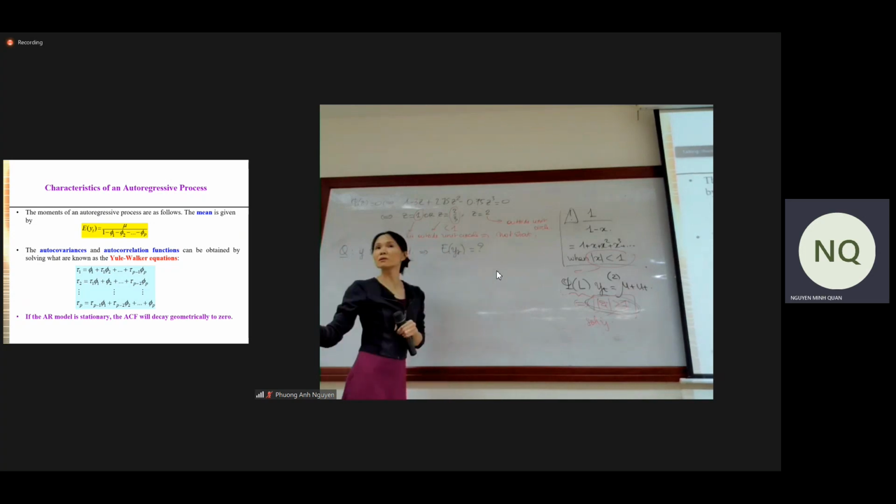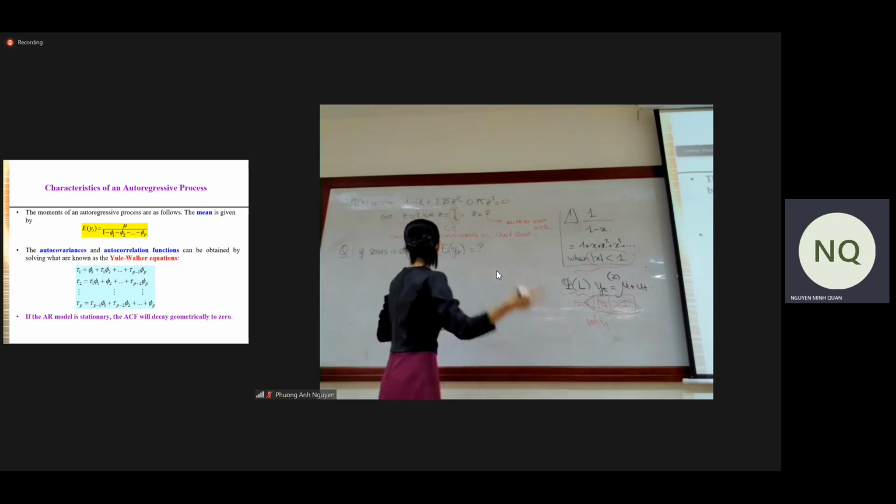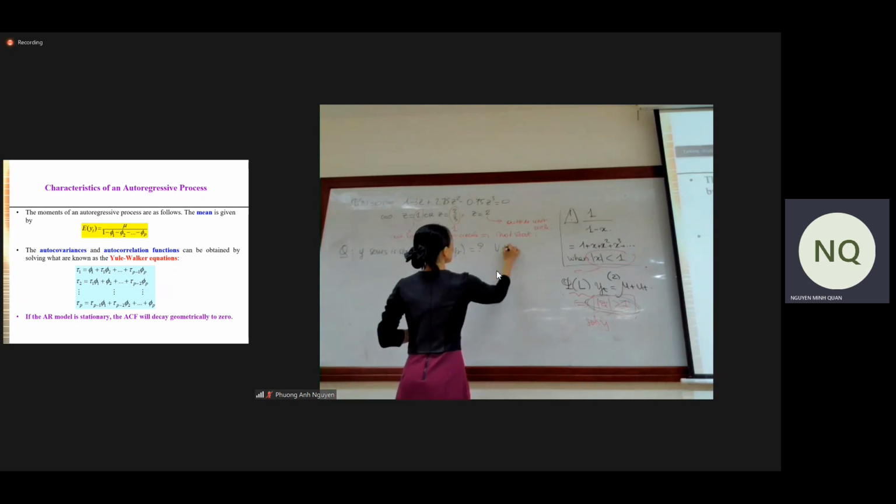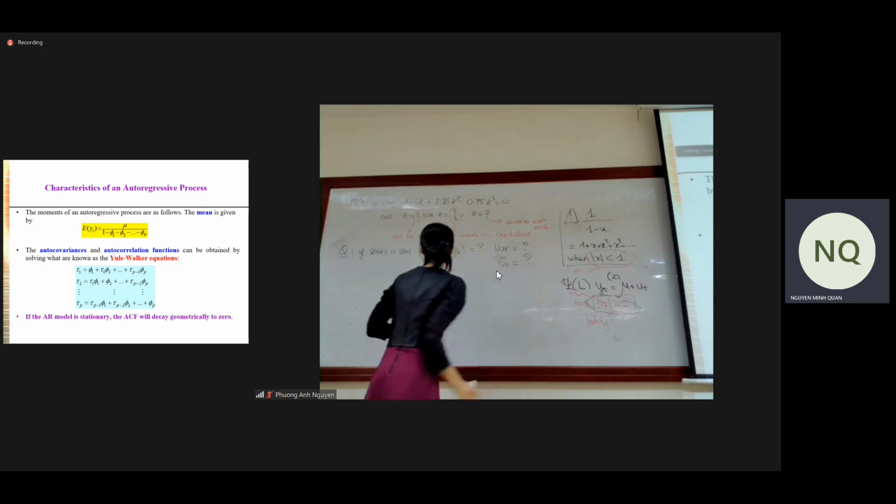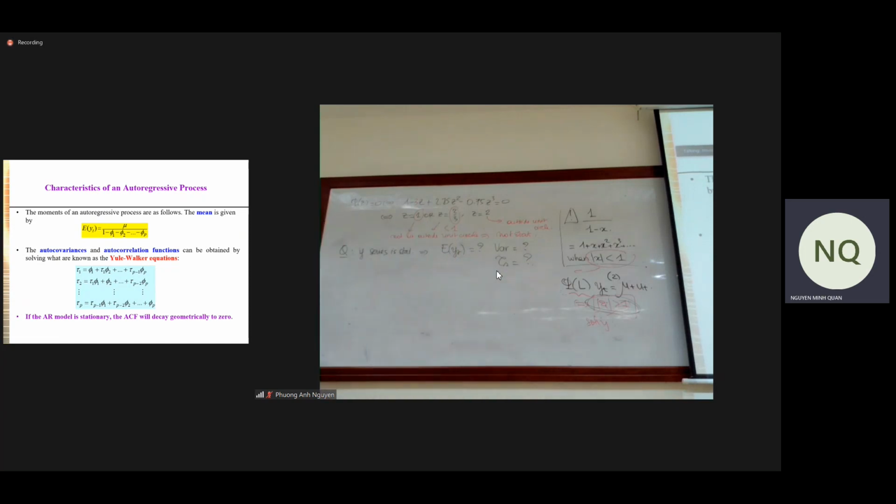Expectation is also called the unconditional mean in the textbooks and literature. What is the variance, and also the autocovariance? For the AR model it is not as easy as for the MA model. So first of all, I'm interested in the expectation.